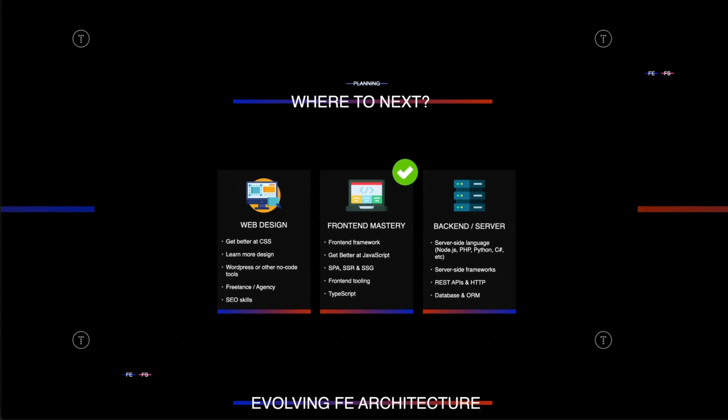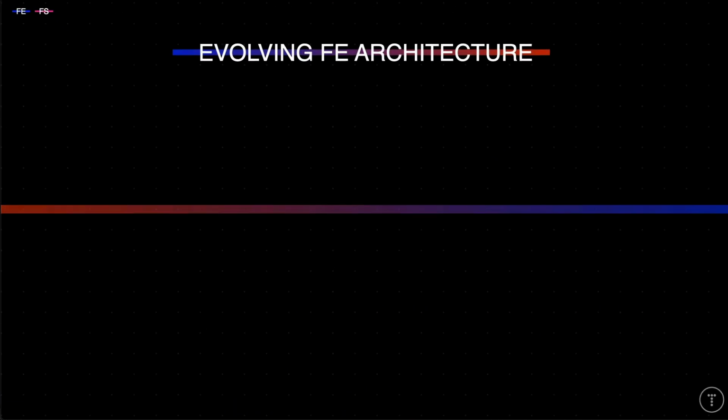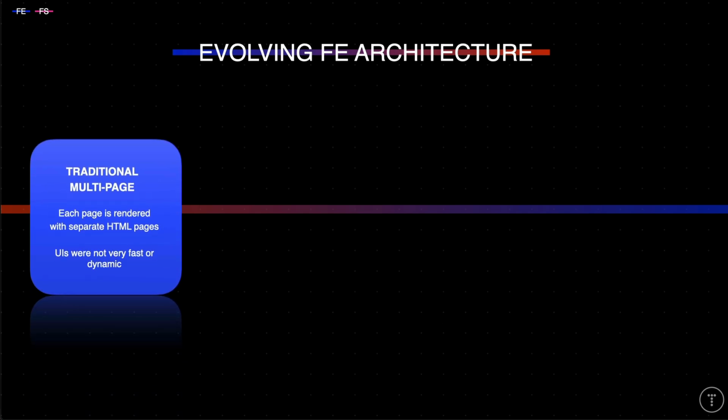Now, before we look at front-end frameworks and ecosystems, I want to address a change that's happening where the front end is evolving quite a bit. And this may seem complicated and overwhelming at first, but I think we're headed in the right direction. So websites started off with a traditional multi-page server-rendered approach. So think of a PHP website.